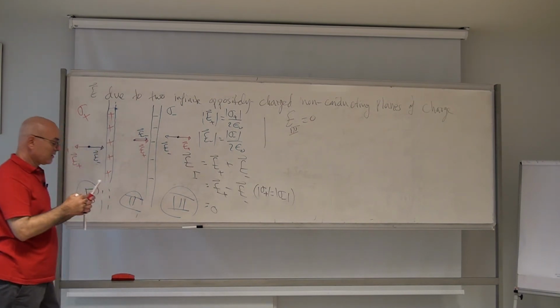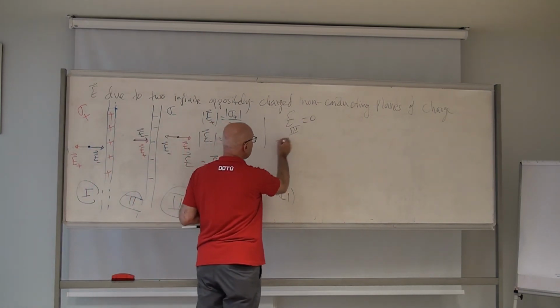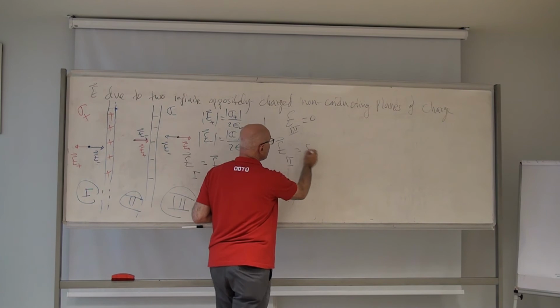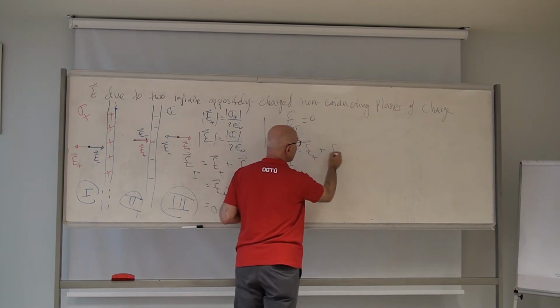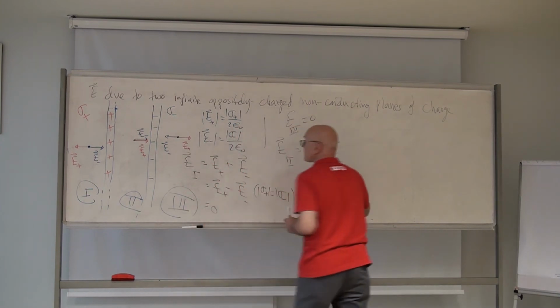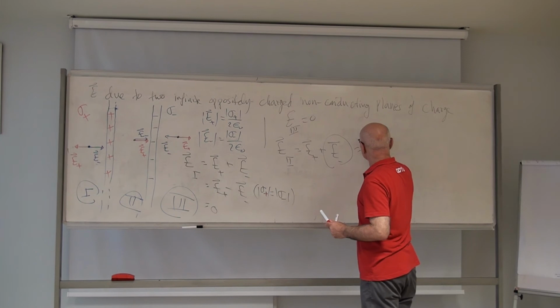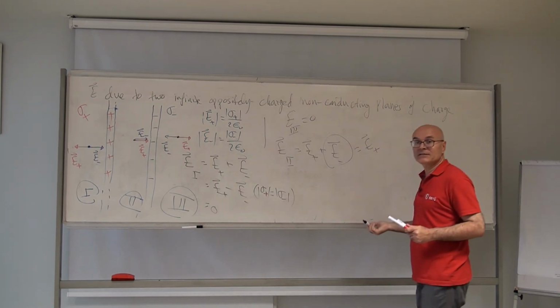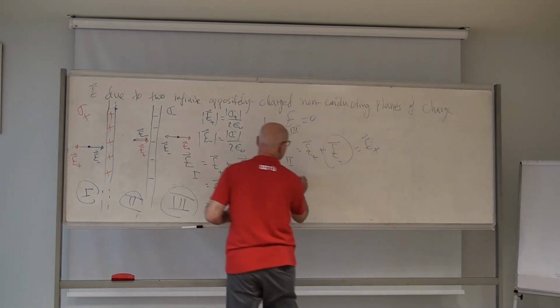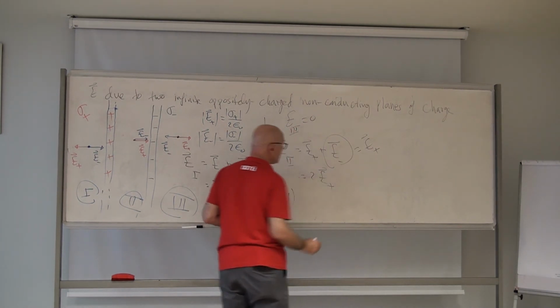So this is what you have, and therefore E2 will be E plus plus E minus, and in this particular case E minus is equal to E plus, not minus E plus. So this will be equal to twice E plus.